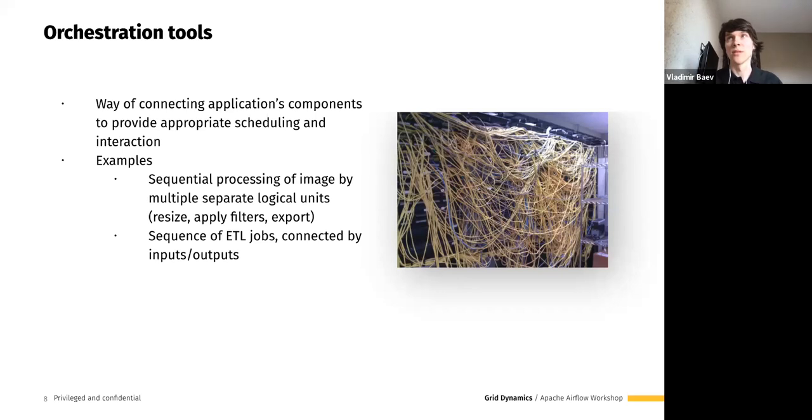After that, it is going to apply filters, and as a final step, just export the output into some downstream process. Or another example, let's say we have a sequence of DAG jobs which are connected with each other by inputs and outputs in some non-trivial way, and it means that we definitely need some orchestration solution in order to manage that.